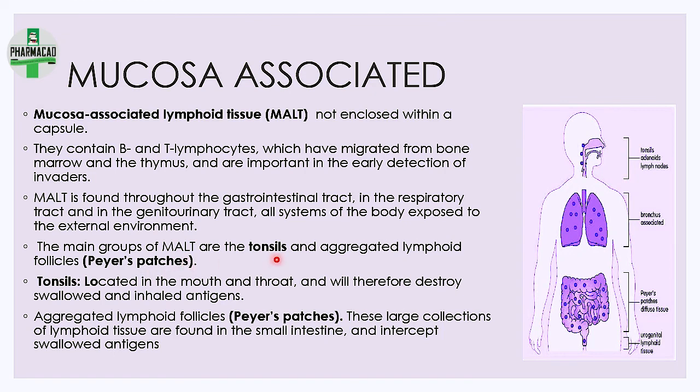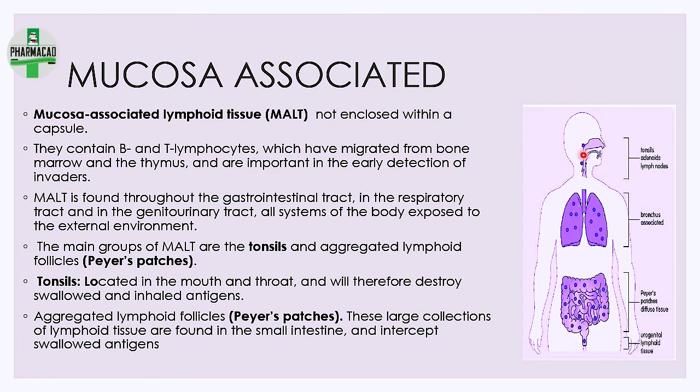One which we all know about already is tonsils. Tonsils are in the upper respiratory tract here, correct? They are located in the mouth and the throat and will therefore destroy swallowed and inhaled antigens. Before it even reaches ये lungs में, thorax में पहुंचने से पहले ही tonsil is going to be the first policeman.